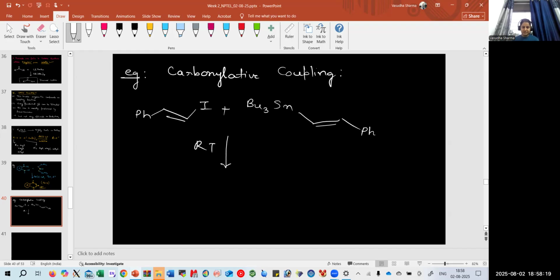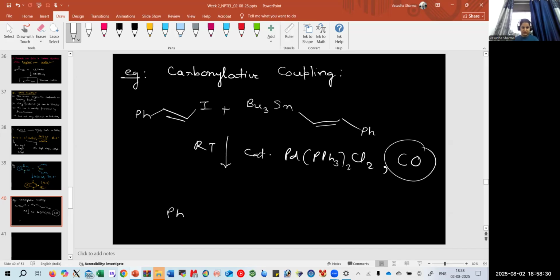Room temperature reaction with a catalytic amount of palladium, PPh3 2 Cl2, and carbon monoxide, which is the important reagent. So it would retain the geometry and give us the product.